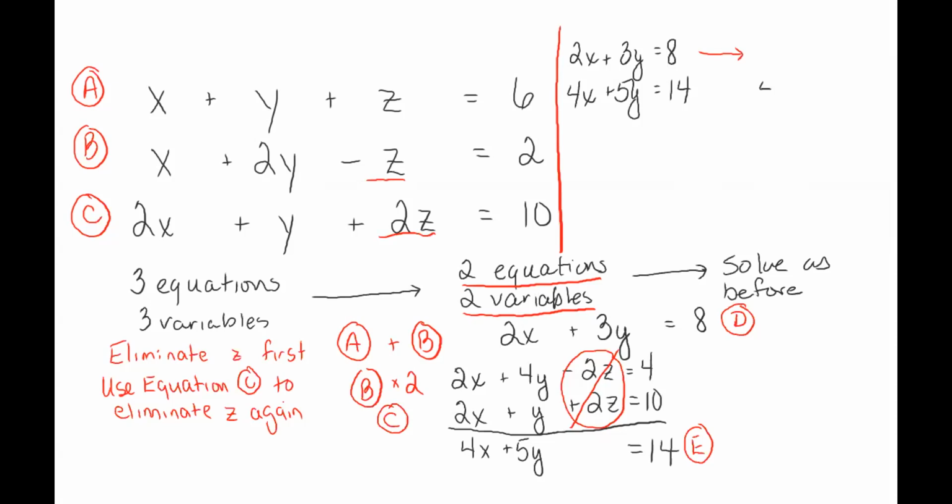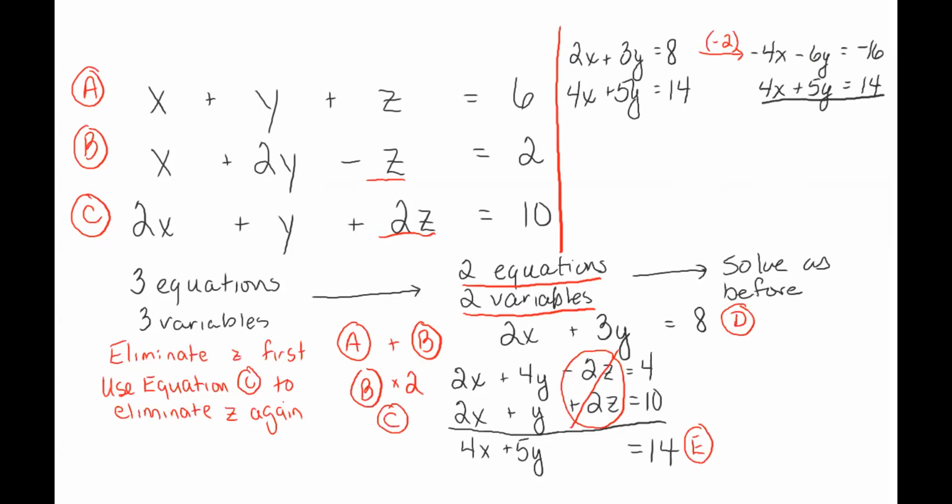I have a 4X here, so I want to get to a minus 4X. What do I need to multiply by? Negative 2. Minus 6y equals negative 16. The second equation is just going to stay the same.